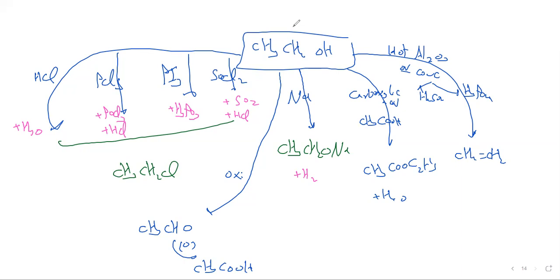So you find that this alcohol will produce halogen alkane, and then this aldehyde, this carboxylic acid, and then this ester, and then this alkene.